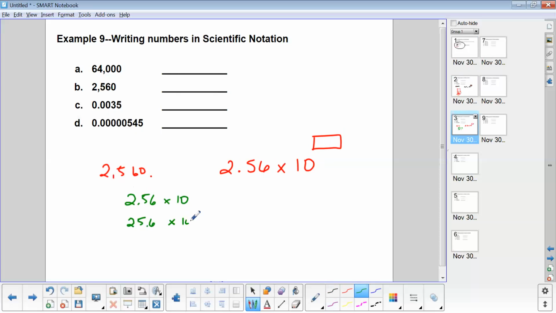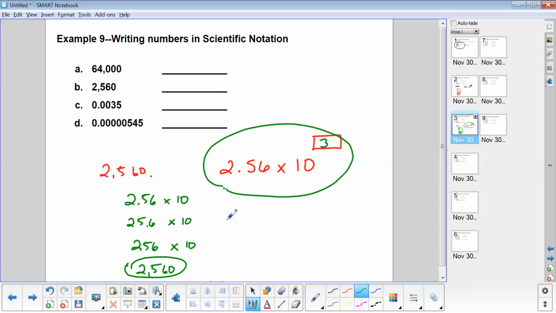If I multiply that by 10, I get 256, and if I multiply that by 10, I get 2,560. It's where I wanted to be, but I had to start at this point. So how many times did I multiply by 10? 3 times. So that would be your scientific notation.